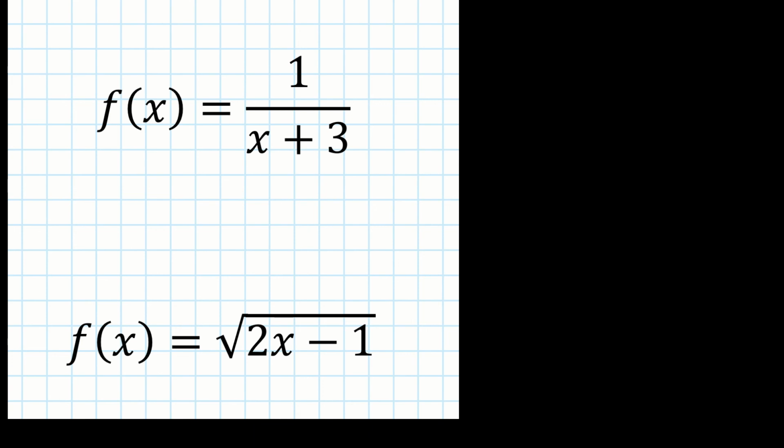One of them is division by 0. The idea here is, look, if you end up putting a value into a function that causes the function to be dividing by 0, that input is restricted.